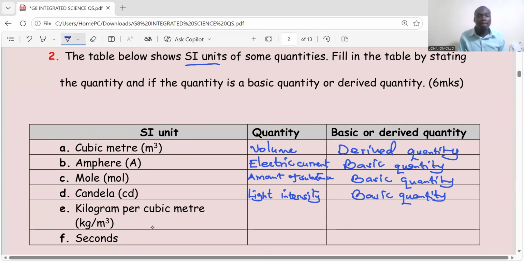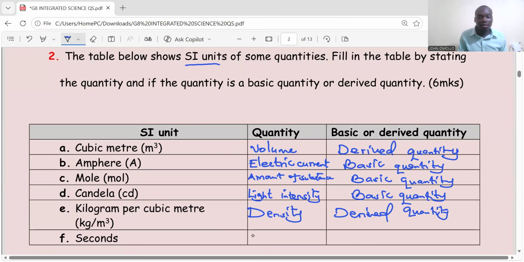Let's move to kilogram per cubic meter. This one is for density. Density is measured in kilogram per cubic meter. That one is a derived quantity, where we must have the measurements for mass and the measurements for volume put together. So that one is a derived quantity.